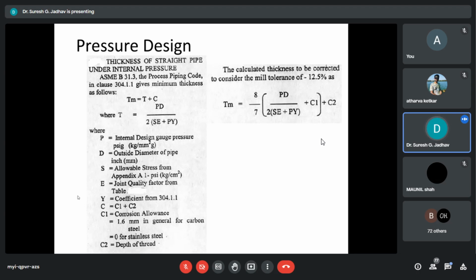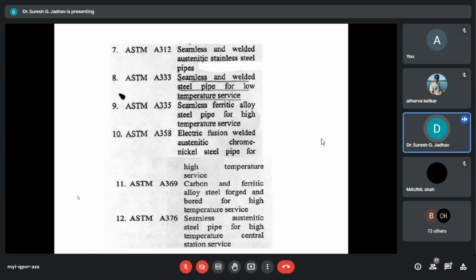Later, we discussed the different standards and materials as per the ASTM standards, the American Society for Testing and Materials. We can select different standards like ASTM A333 or ASTM A312, and select the appropriate steel pipes and appropriate weldings. Then we can go for low pressure application, high pressure application, high temperature and low temperatures considered in chemical industries or petrochemical industries.